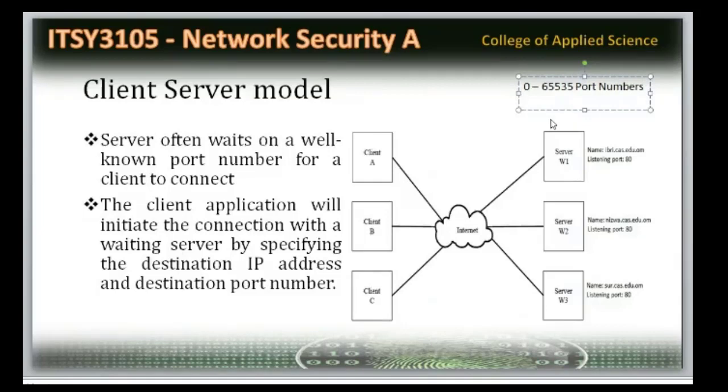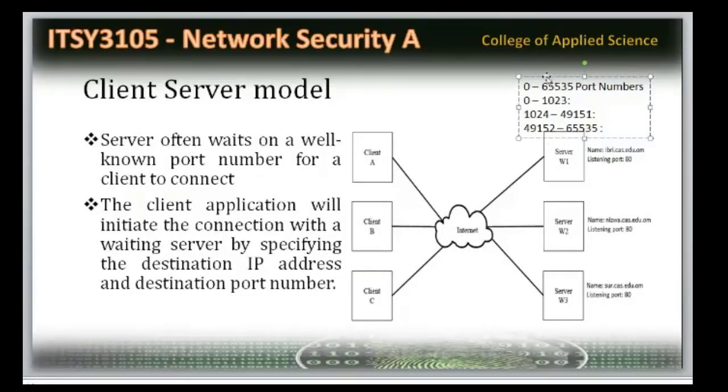From 0 to 1023, this is one group. Then from 1024 to 49151, this is the second group. Then the third group is 49152 to 65535. So we divide the port numbers into 3 different groups like this.